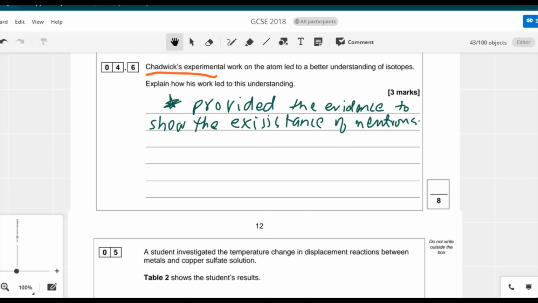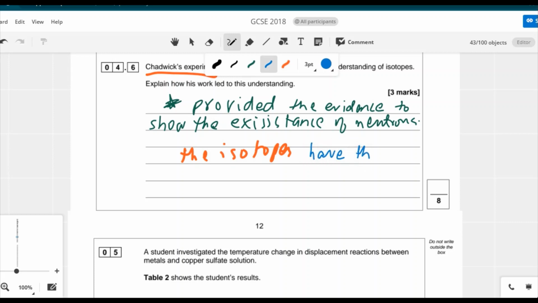This was necessary because isotopes are atoms of the same element, so isotopes have the same number of protons.